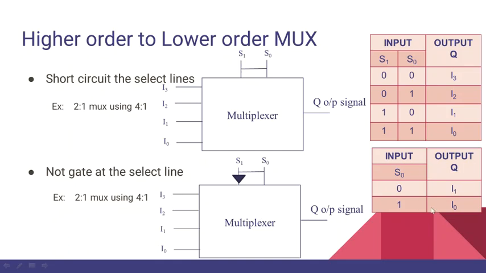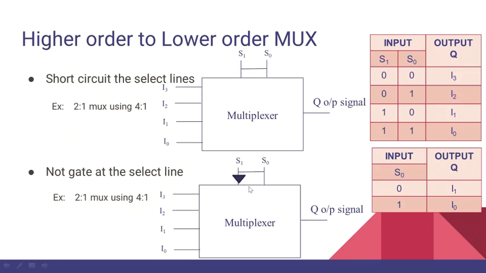And when the select is 1, here it is 1 and it will be 0 here. So 0 1, and the output will be I2. So I2 is connected to the I0 of the 2:1 multiplexer.